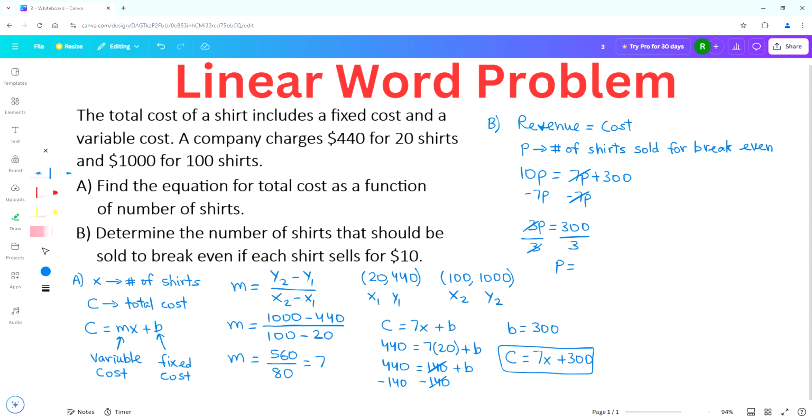I get P equals 100. That means 100 shirts should be sold to break even if each shirt sells for $10. This should be the final answer for part B.